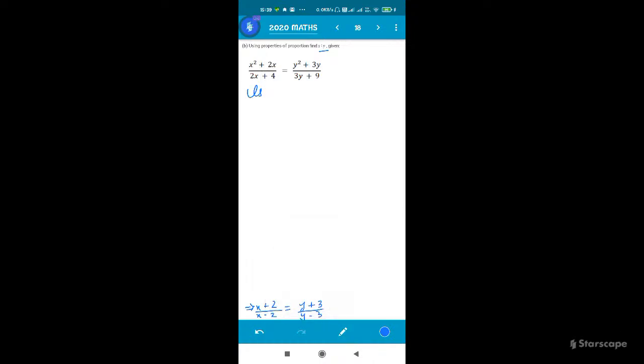So using componendo and dividendo, we have x plus 2 plus x minus 2 divided by x plus 2 minus x plus 2 is equal to y plus 3 plus y minus 3 divided by y plus 3 minus y plus 3. So we will have certain cancellations out here too.